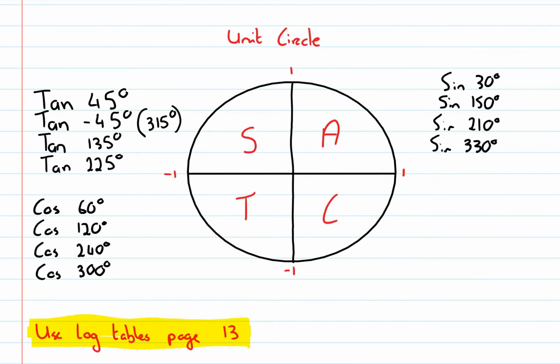Next thing we're going to look at is the unit circle. I could just say this is a unit circle and learn off the CAST, and I would say that what that stands for is the C stands for cos, all, sine, and tan.